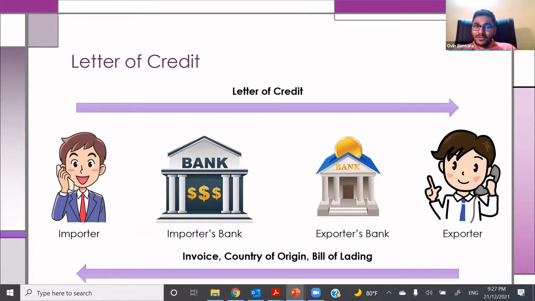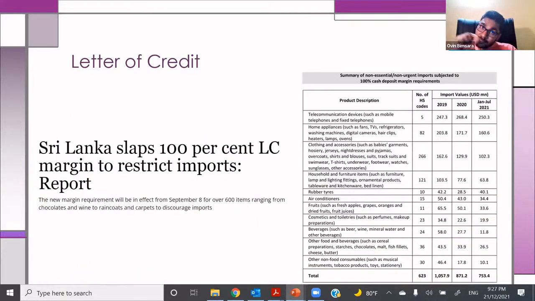He asks for a letter of credit because he doesn't have that money in hand right now. That is the simple reason anyone opens a letter of credit. But if the government is saying you need to have the 100% amount, that will obviously restrict the imports. So this is the most frequent way of settling foreign trades.